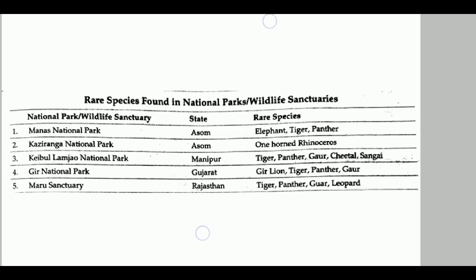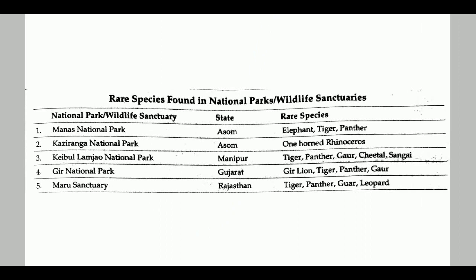Next are some important national parks and the rare species found in these national parks. First is Manas National Park. It is in the state of Assam, and the rare species conserved here are elephant, tiger and panther. Next is Kaziranga National Park.